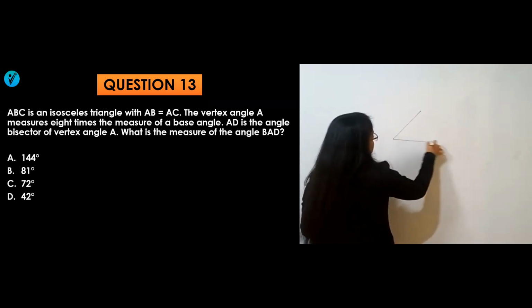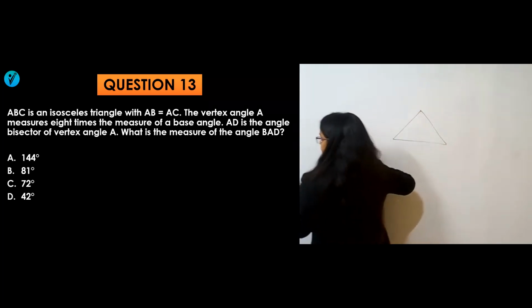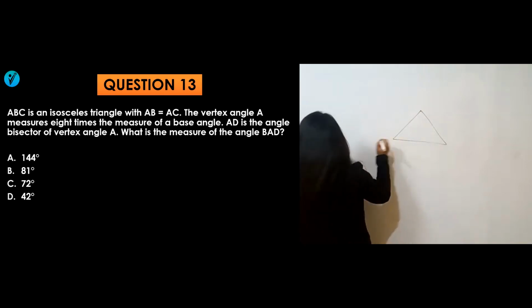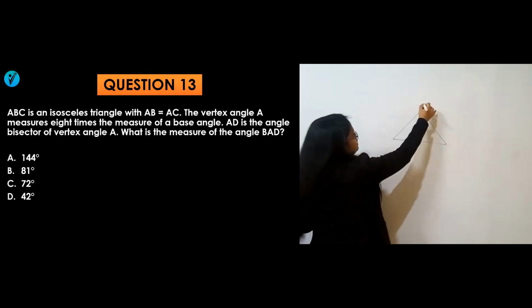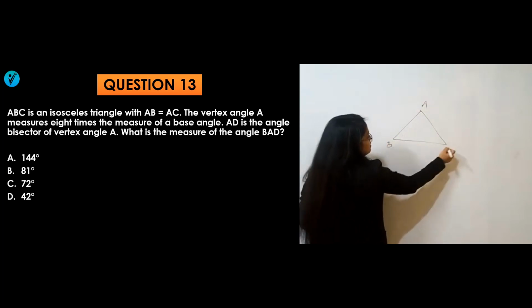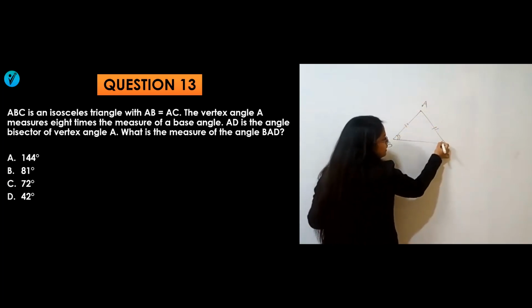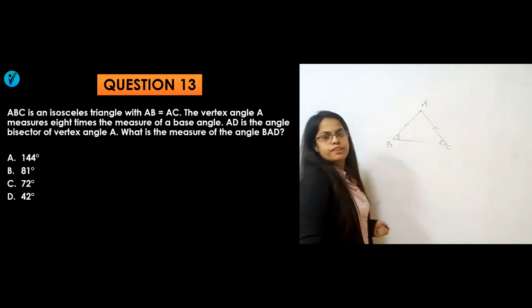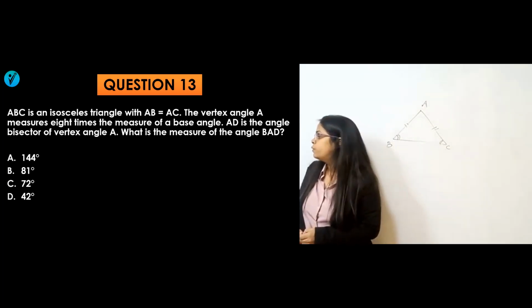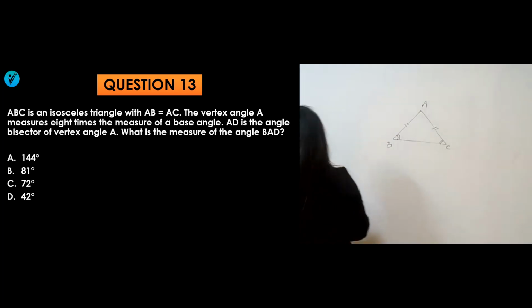Suppose this is the triangle where AB is equal to AC and A is the vertex, with vertices A, B and C. If AB is equal to AC, can I say that these two angles will also be equal? Obviously. Then they are saying that vertex angle A is 8 times the base angle.